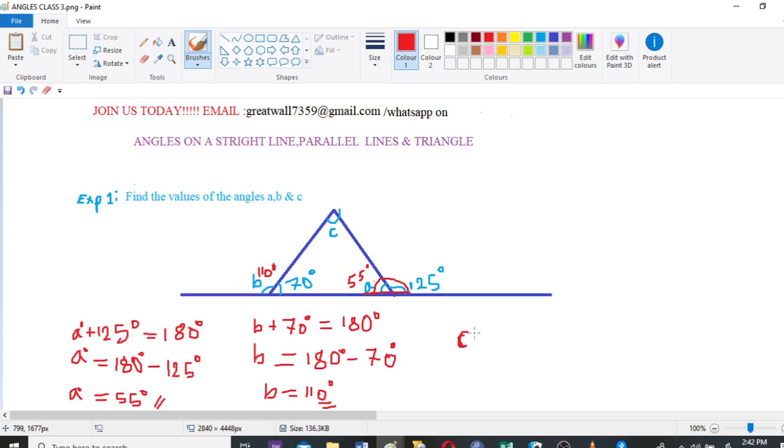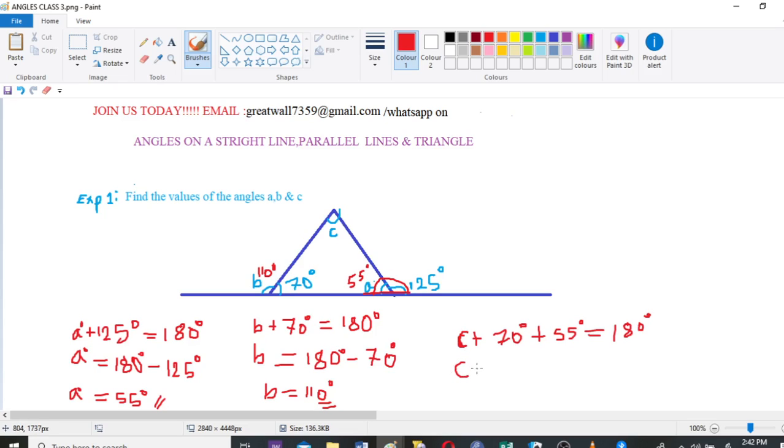So we have C, an unknown angle, plus 70, one of the interior angles, then plus 55. From the proof, the summation of the sizes of these interior angles should give us 180.